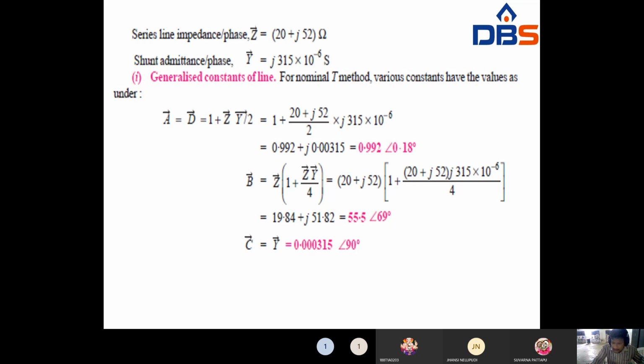First, these two values are converted into polar form, then divided by 4, right? After dividing by 4, convert 20 plus j52 into polar form and the 315 10 power into polar form. The values would already have come earlier. If you write them on the side, or if not, look above where we wrote the given data: Z is equal to 20 plus j52, convert it to polar form here and write that value. Y is equal to j315 10, convert to polar form here and write it.